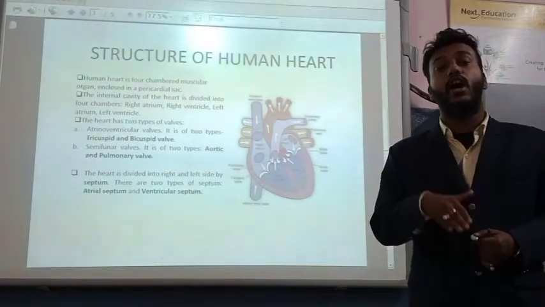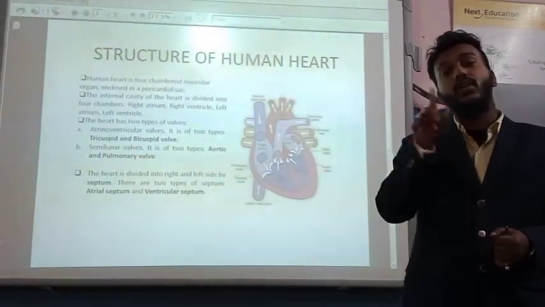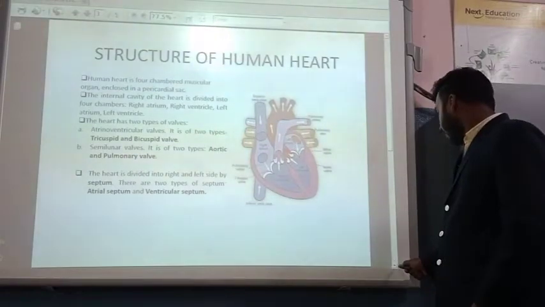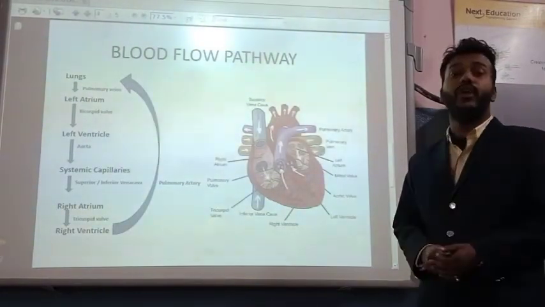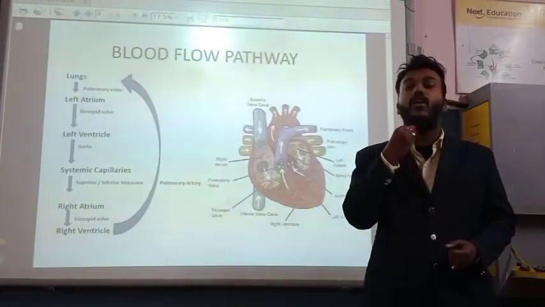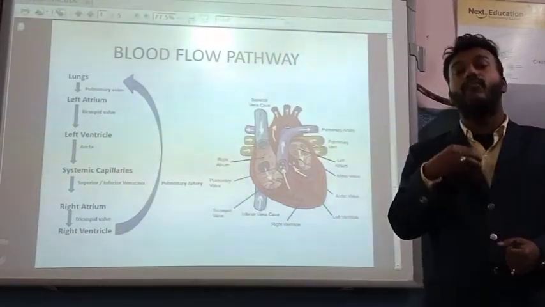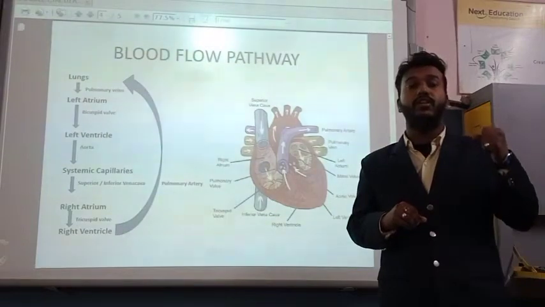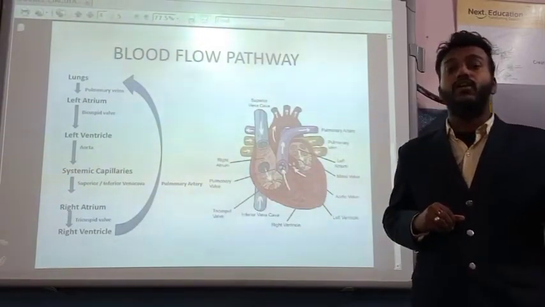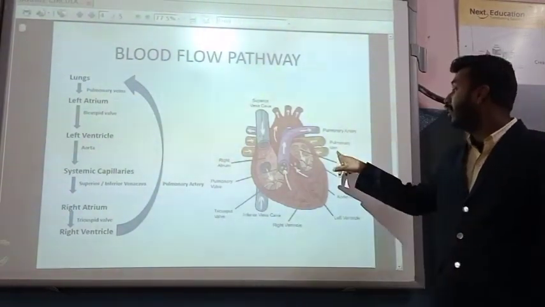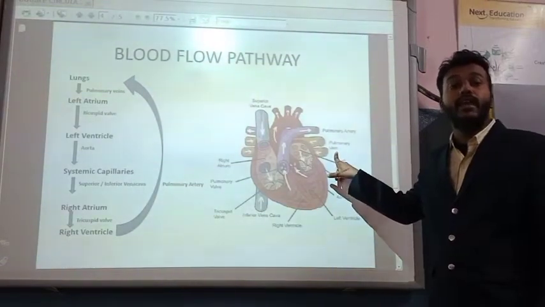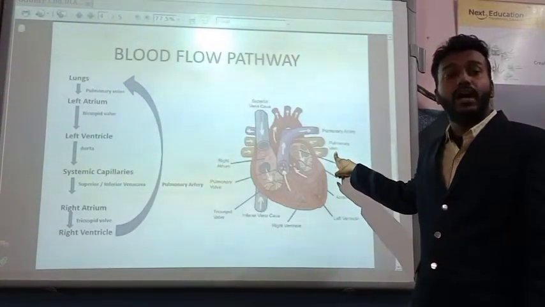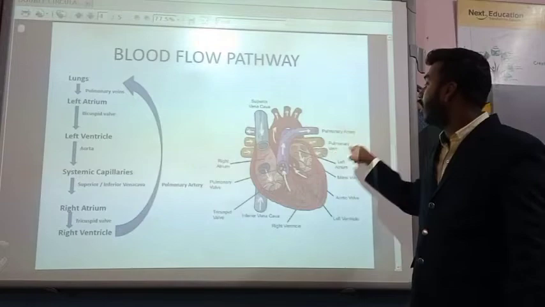Now let's discuss how blood is actually circulated throughout the heart. When we inhale, oxygen reaches the lungs. From the alveolar region of the lungs, this oxygen is diffused into the blood. The blood vessels, mainly the pulmonary veins, carry this oxygen-rich blood from the lungs to the heart.